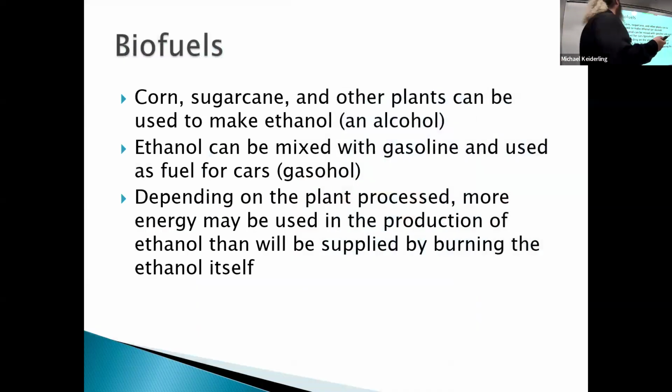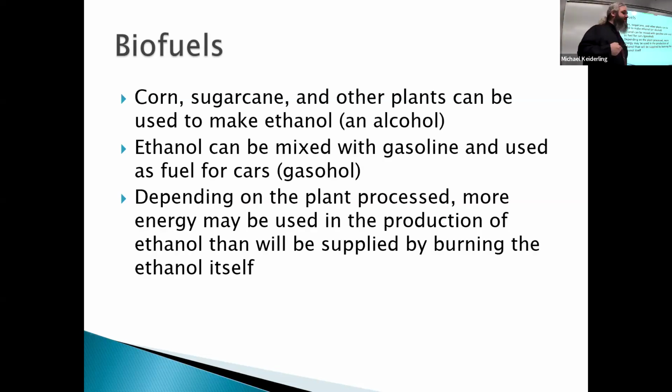And then there's biofuels. So things like corn, sugarcane, and other plants can be used to make ethanol, which is an alcohol, which then goes in our gasoline. So ethanol can be mixed with gasoline and used as a fuel for cars. In Indiana, all the gas is 10% ethanol.